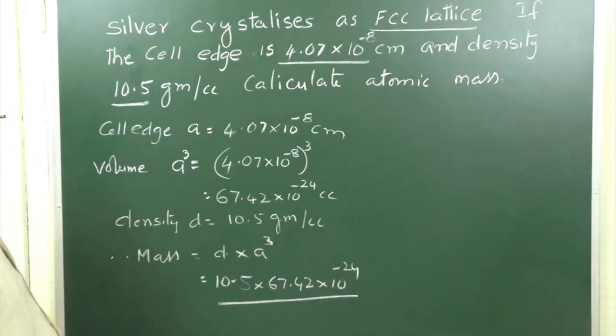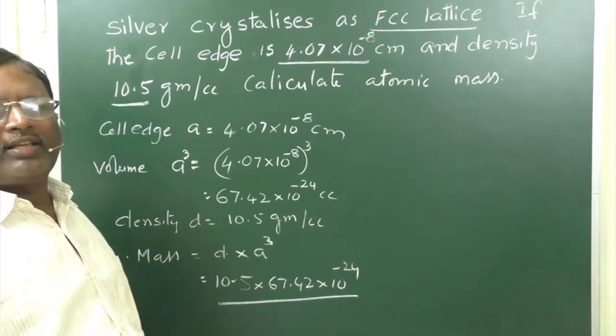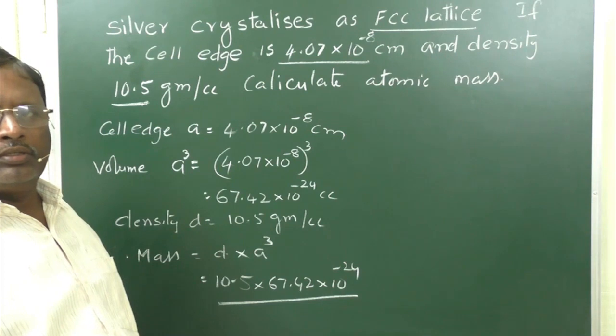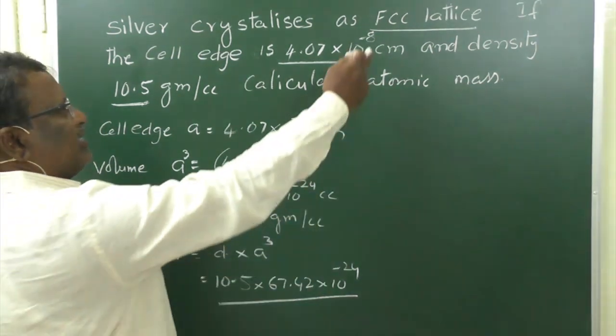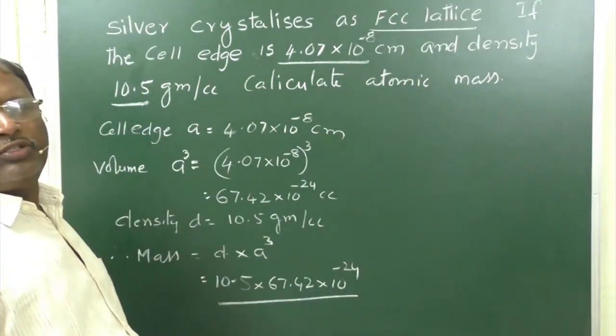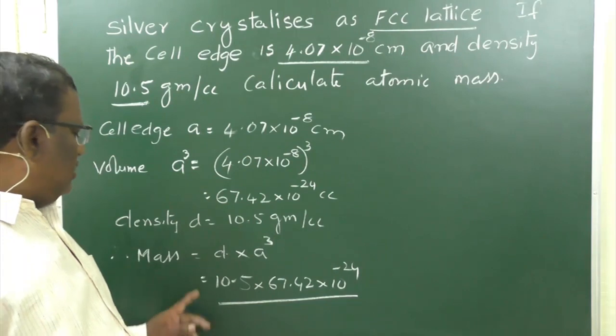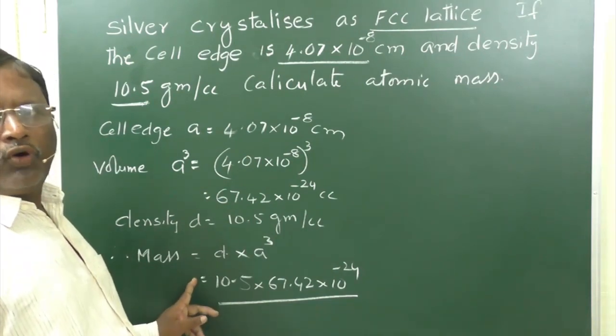This is the mass of unit cell and it is nothing but the mass of 4 atoms, because it is FCC lattice. In FCC lattice each unit cell contains 4 atoms.